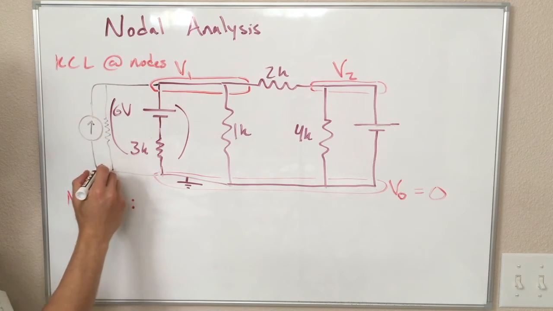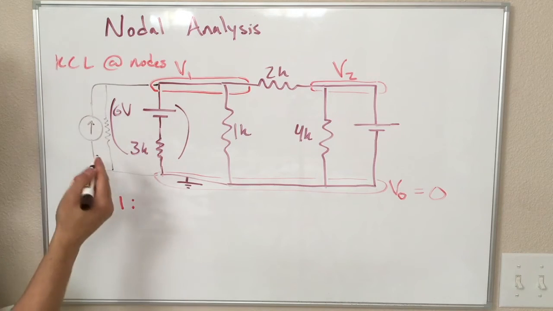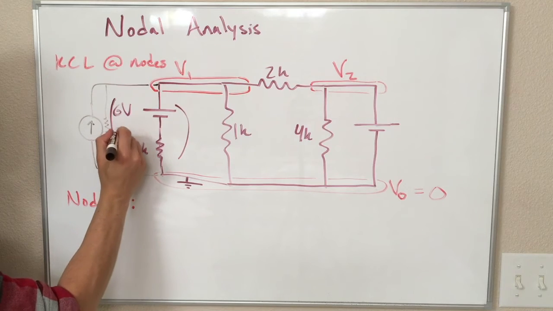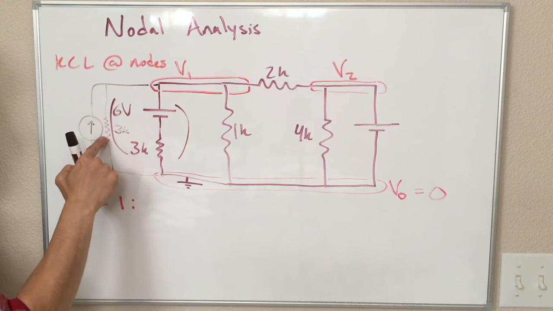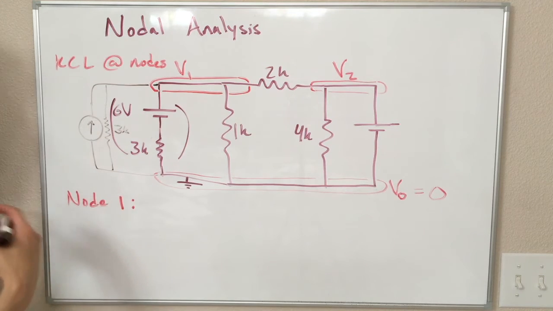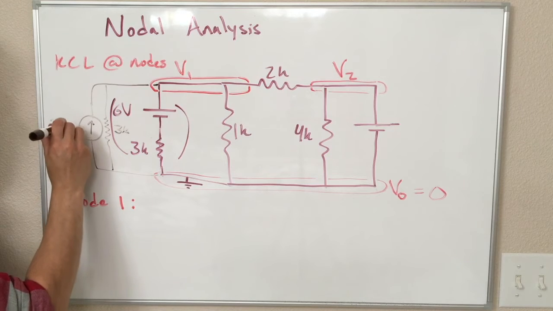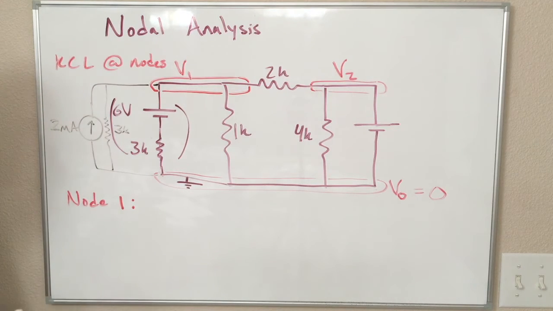Kind of ran out of space there. And this was our rules for converting before. The resistor is the same as this resistor, so this is a 3K resistor, and the current source is I equals V over R. So this is a 2 milliamp current source. I really wanted it to be in a different color. Hopefully that shows up okay.